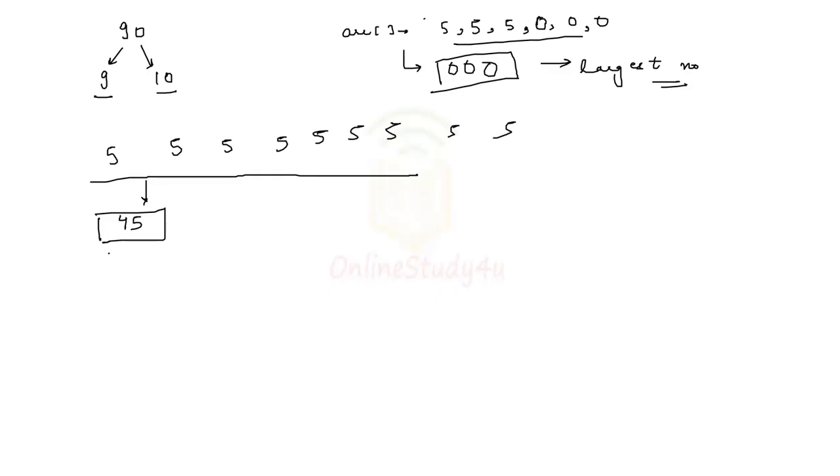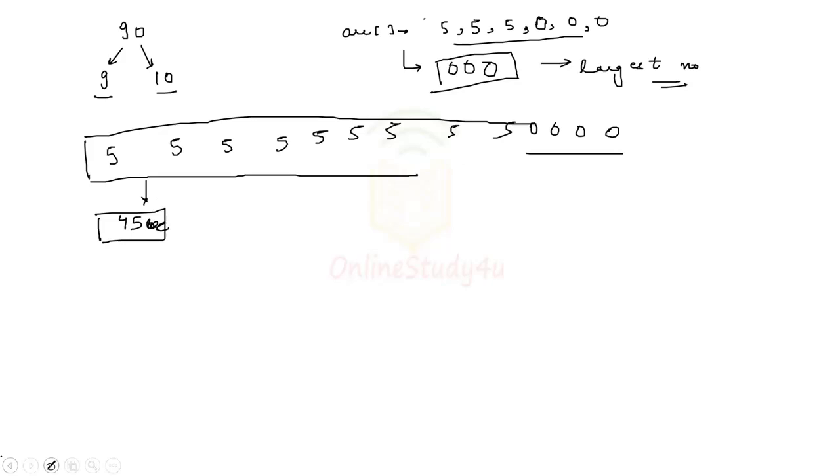But you have to check for a number that will be divisible by 90. Any number of zeros you can add at last, so that when you check the divisibility, it is divisible by 9 also.